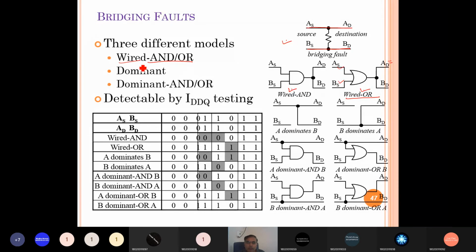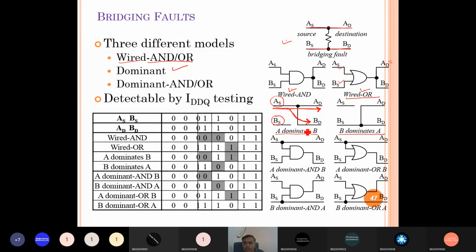There are some dominant faults. Here there are two types of dominance, A dominant B or B dominant A. A dominant B means whatever is on A is transferred to both destinations, the A line as well as the B line, because the signal strength of A is higher than the signal strength of B. So A is dominant on B, and whatever the logic of A is, it is transferred to both AD and BD.